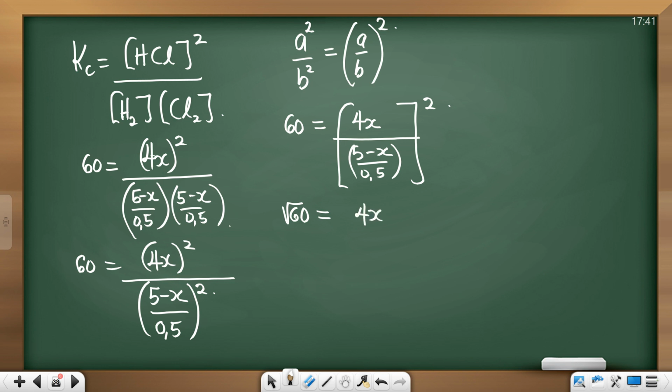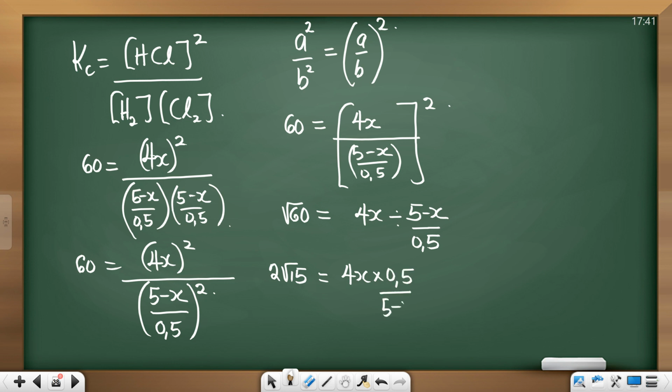Root 60 would be equal to what? 4X. Now check what I'm going to do, guys. This is divided by, let's simplify the maths, over 0,5. I want us to work in simplified form. All right, 2 root 15. Root 60 or 2 root 15. We are still going to work around it in decimal. 4X times 0,5.